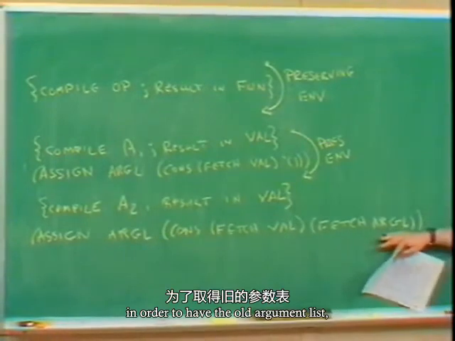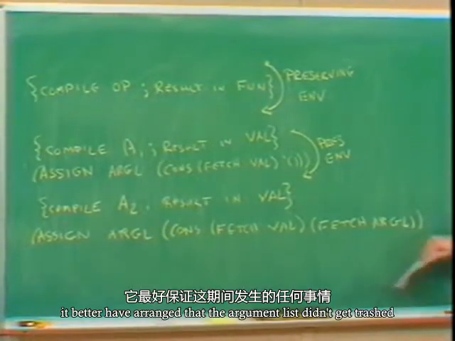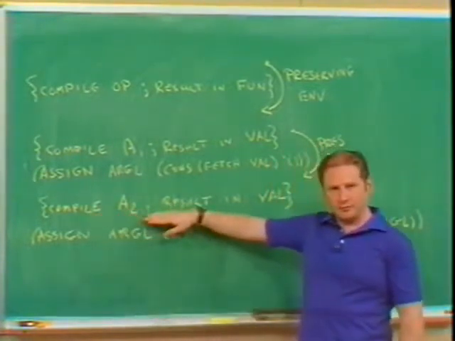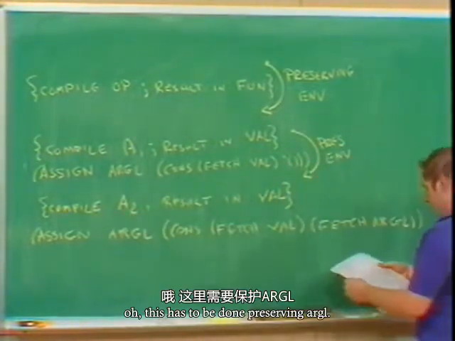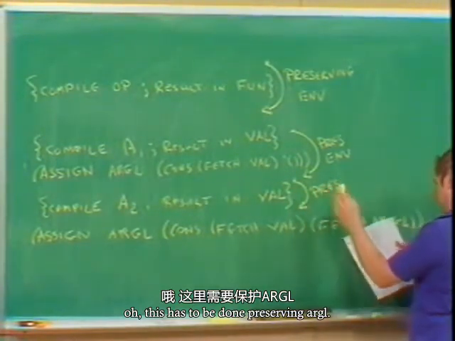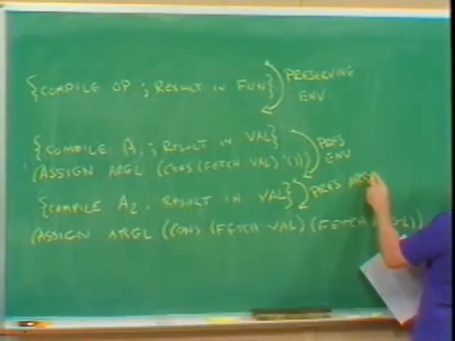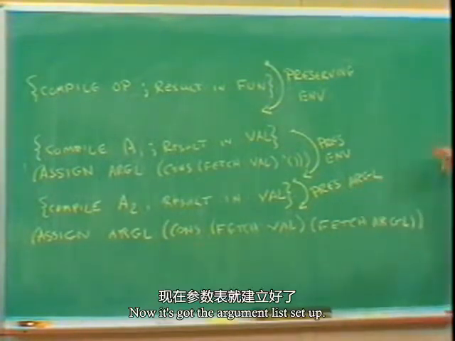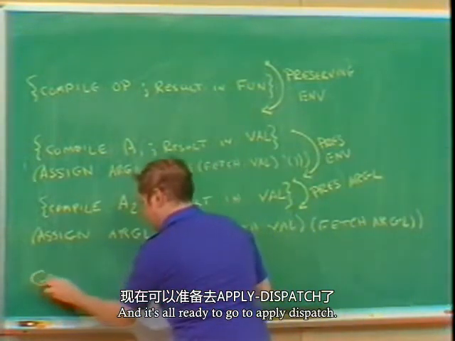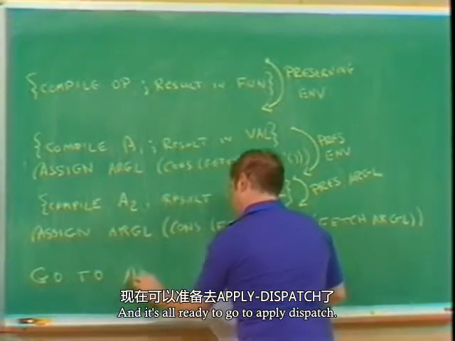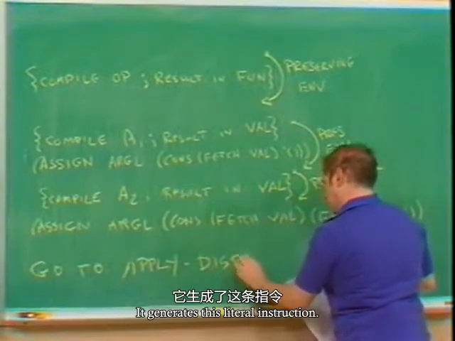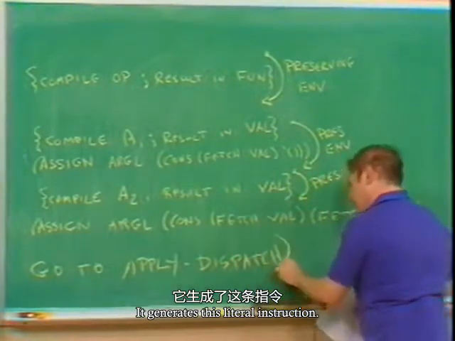However, in order to have the old argument list, it better have arranged that the argument list didn't get trashed by whatever happened in here. So it puts a little note here and says, oh, well, this has to be done preserving argl. Right now it's got the argument list set up, and it's all ready to go to apply dispatch, which generates this literal instruction.